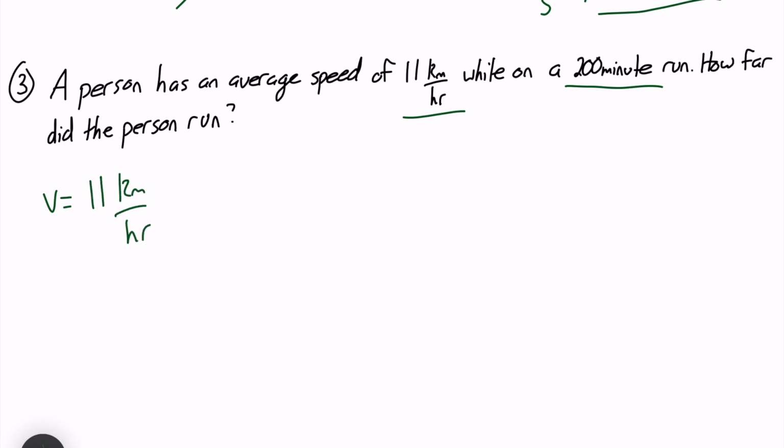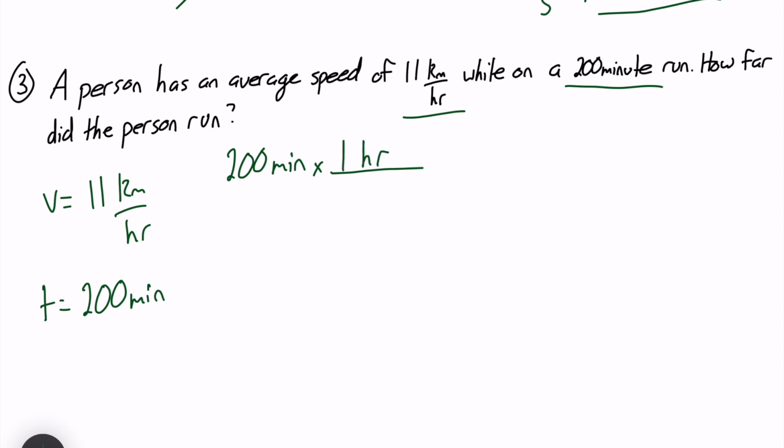So I think we can probably leave our velocity or speed in kilometers per hour, but I think the major thing that we will have to switch up is our time, because we have 200 minutes right now, and in order to work with kilometers per hour, we should probably switch minutes to hours. So let's do that. So we have 200 minutes, and we would like to get to hours, so we'll put hours on top.